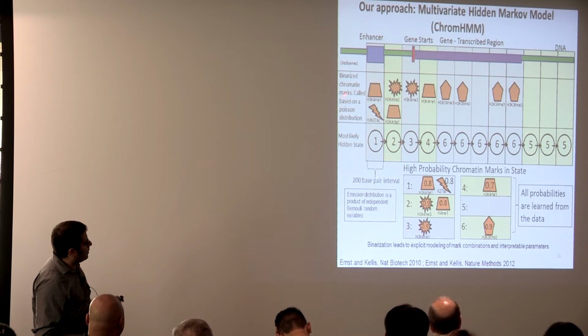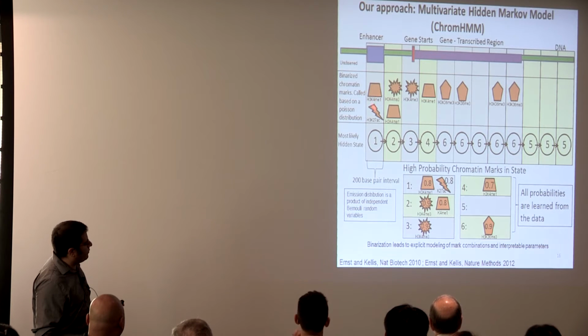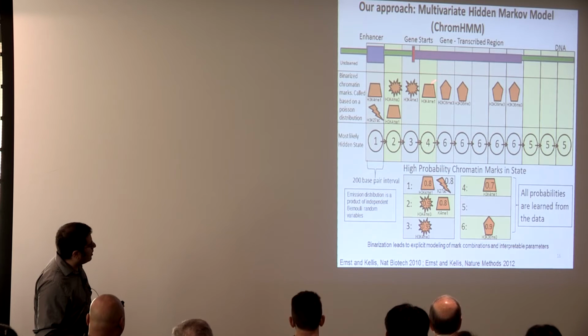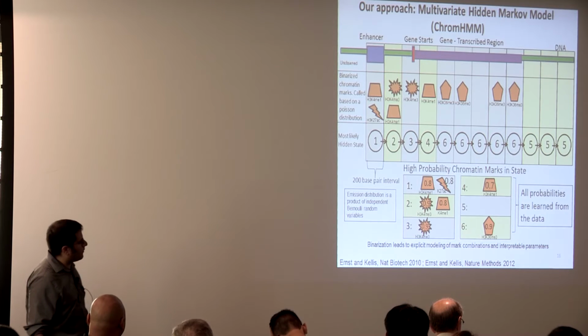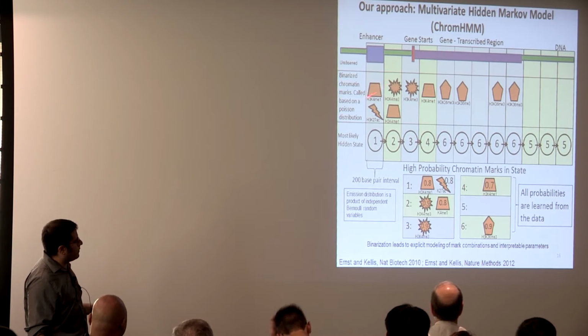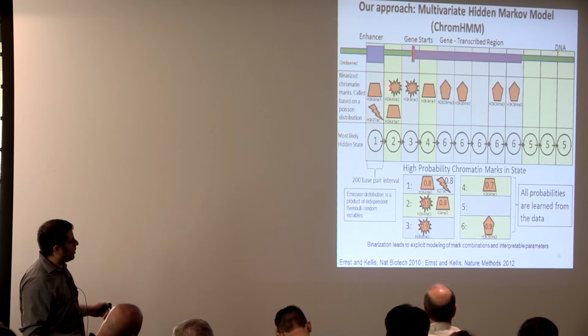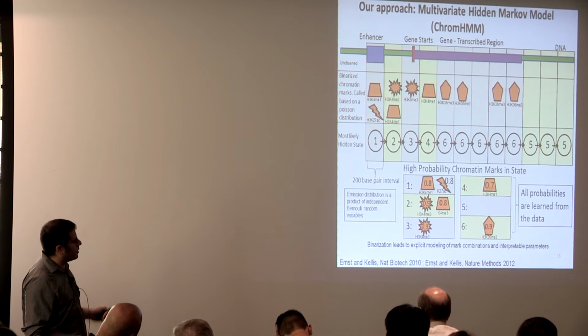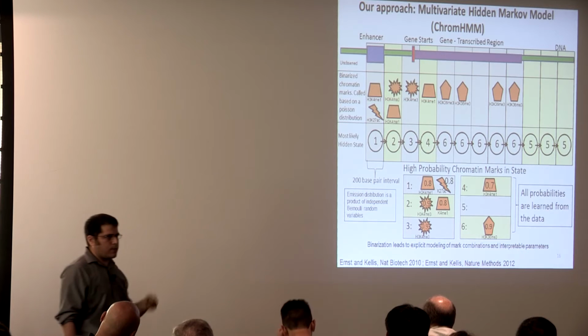And then what we do is we binarize the data. So for each 200 base pair interval, we have a binary presence or absence call for each mark in each specific 200 base pair interval. And what we do is we ask if the number of sequencing reads that fall within this interval for that mark supports it being present.